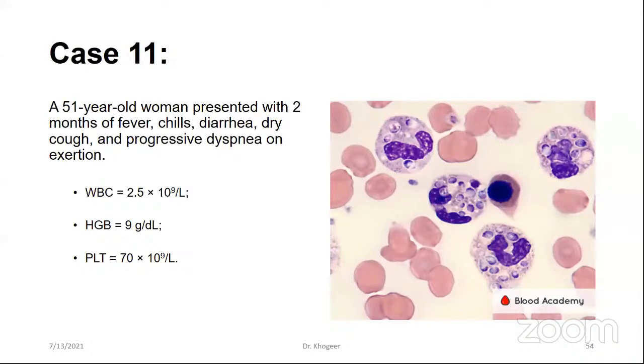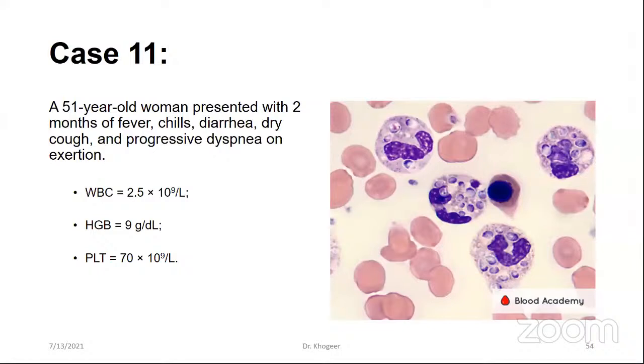Okay, how can we differentiate between a monocyte and a reactive lymphocyte? As I said earlier, a monocyte is a larger cell and usually shows vacuolation, blue-gray cytoplasm and an indented nucleus.